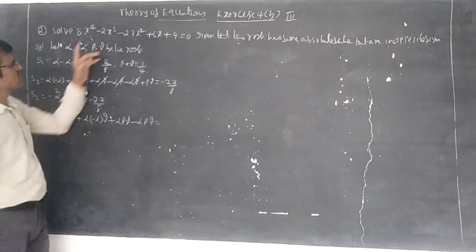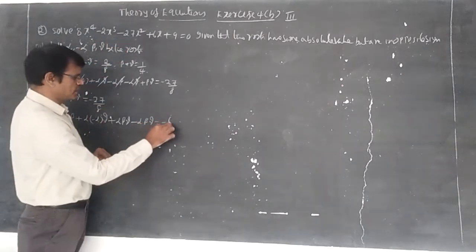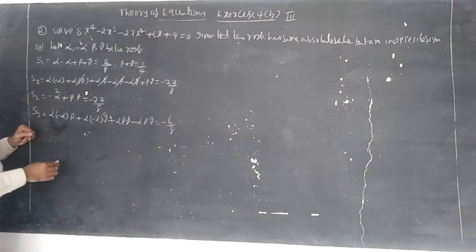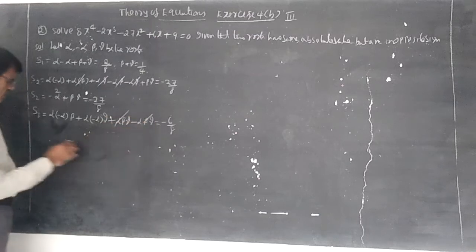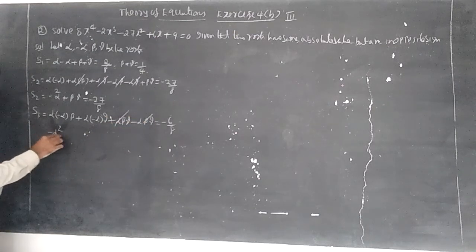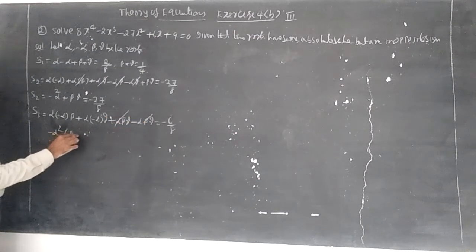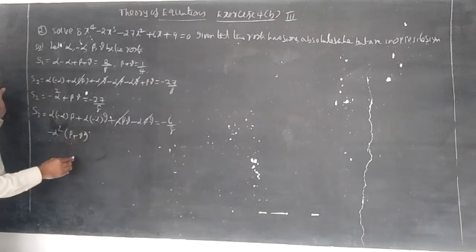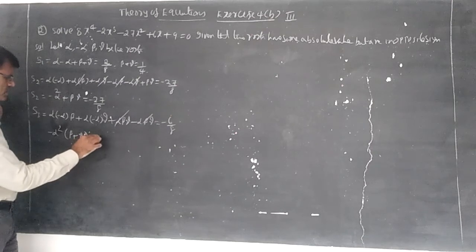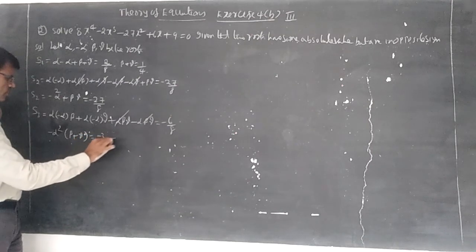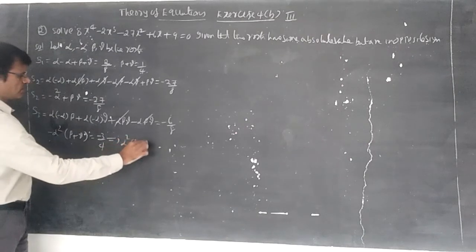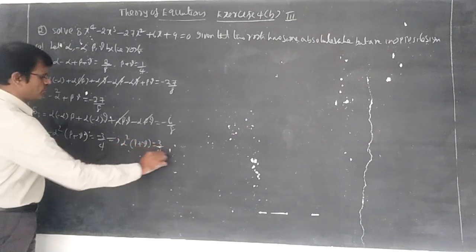That is equal to minus 6 by 8. Here minus alpha beta gamma gets cancelled, minus alpha square you can take gamma, within the brackets you can write beta plus gamma, which is equal to minus 3 by 4. That implies alpha square into beta plus gamma is equal to 3 by 4.